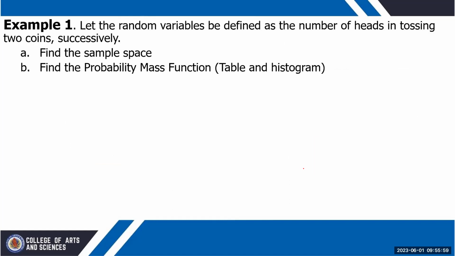So let's try to have an example. Sabi dito, we let a random variable be defined as the number of heads in tossing two coins. So, kanina, nakuha na natin kung ano yung sample space ng two coins. Okay? Meron tayong 4. We have your head-head, head-tails, tail-heads, and tails-tails. Ngayon, hinahanap natin ang probability or the random variable or the PMF of getting your heads.